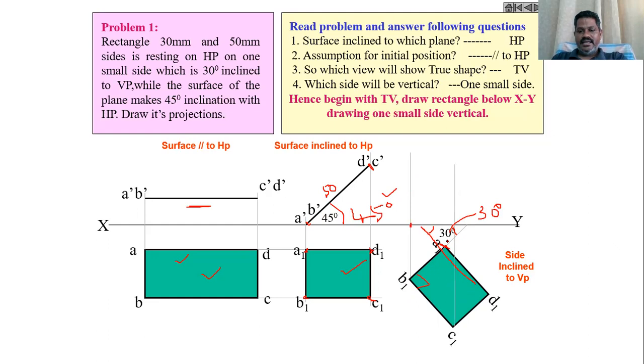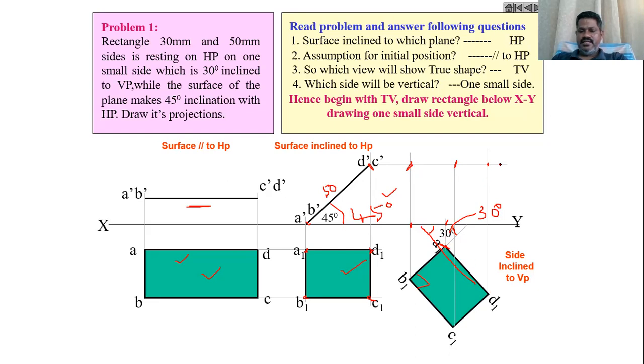Then project A or C here, we will get the C point here, then project all these points. Then D we will get D1, D dash, then A1, A dash we will get one point here, then C1, C dash we will get one more point here, and B1 and B dash we will get one more point here.